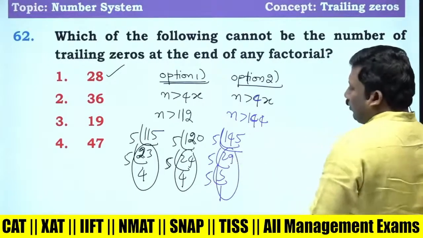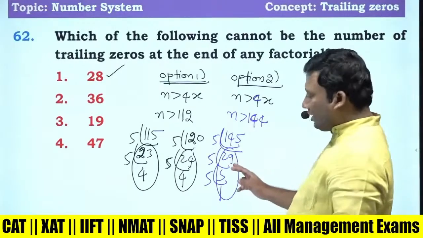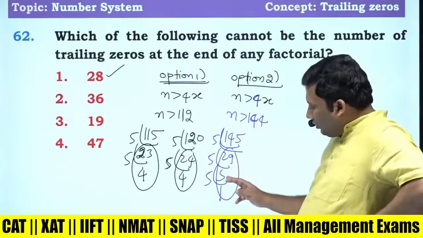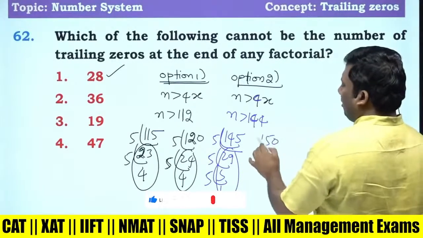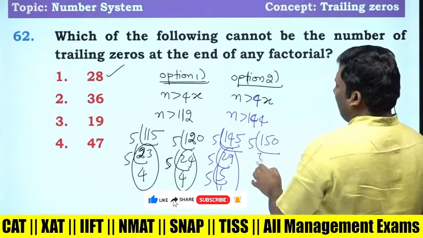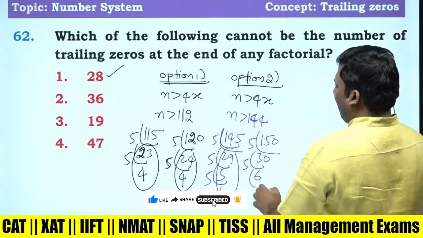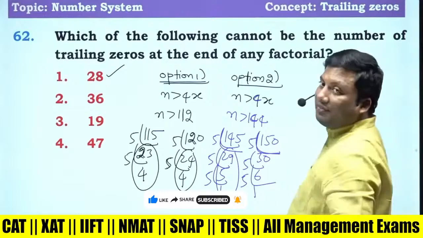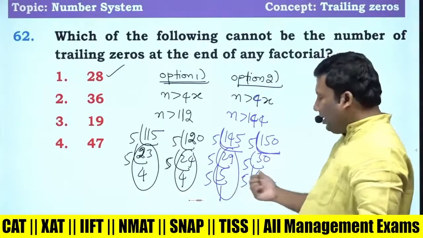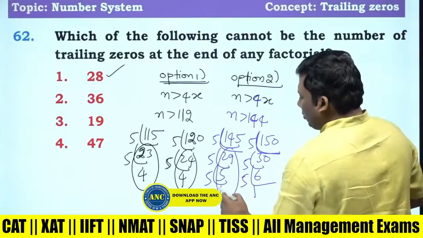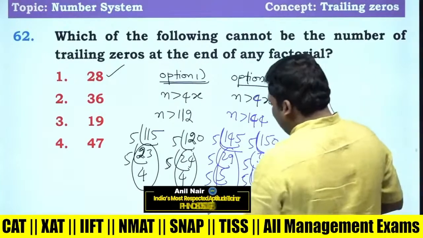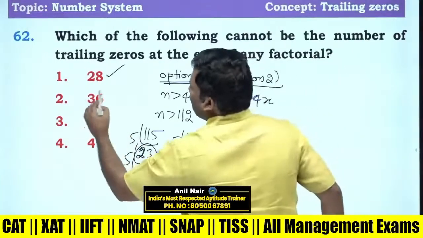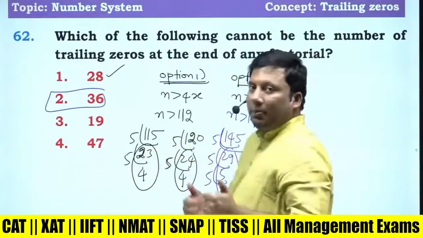It is 29 plus 5, 34, 34 plus 1, 35. Let me take the next number, 150: 5 30s are, 5 6s are, 5 1s are. Anyway, 150 is a multiple of 25, so a 2 jump will be there. So this will be 35 to 37. 36 will not be possible. I hope it is clear.